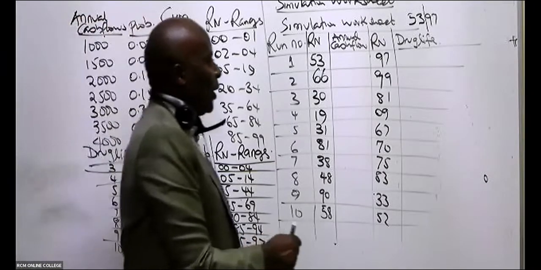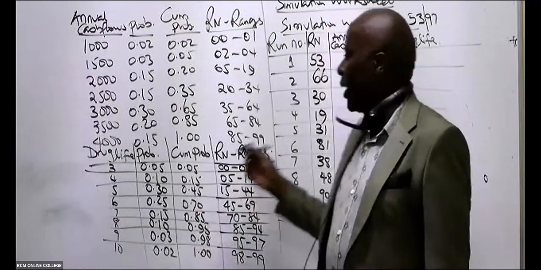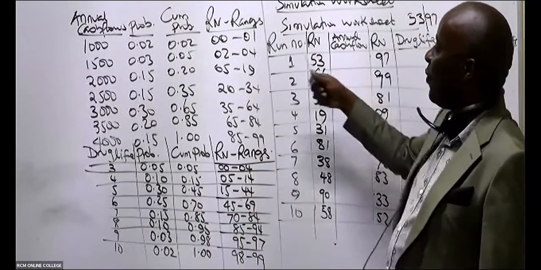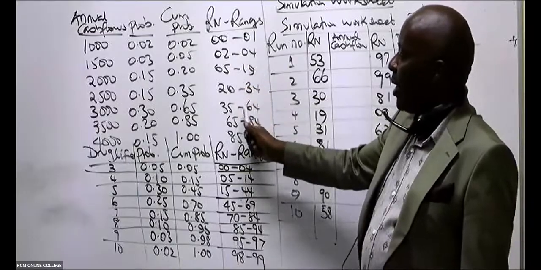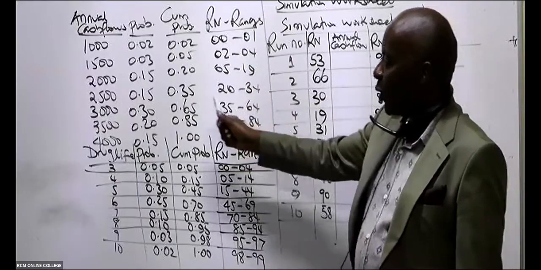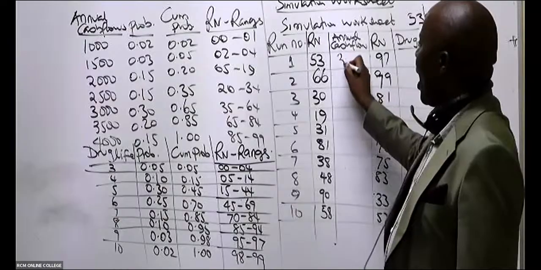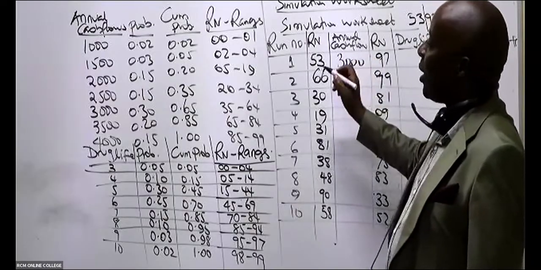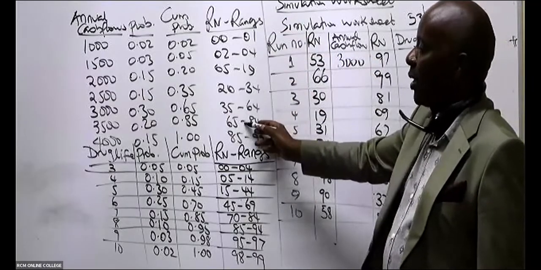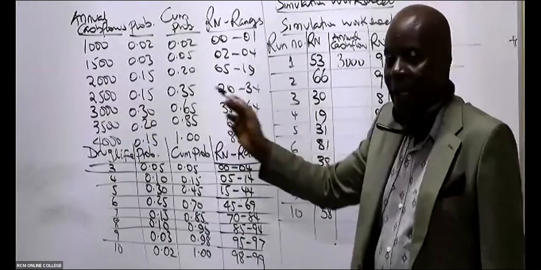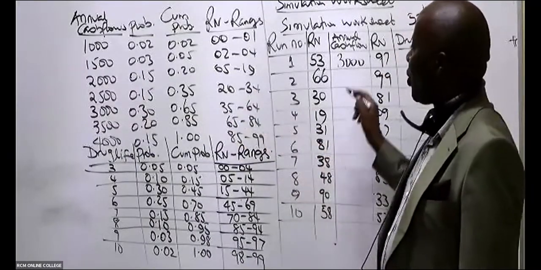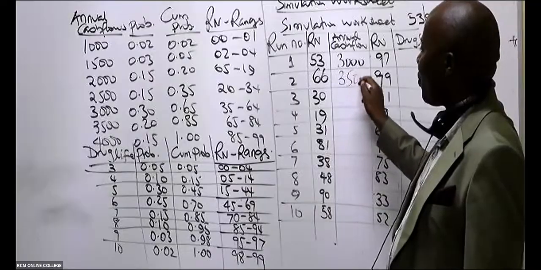When the random number is 53, it is not exactly here, it is in between, which corresponds to 3,000. How about 66? It is here. This corresponds to 3,500.